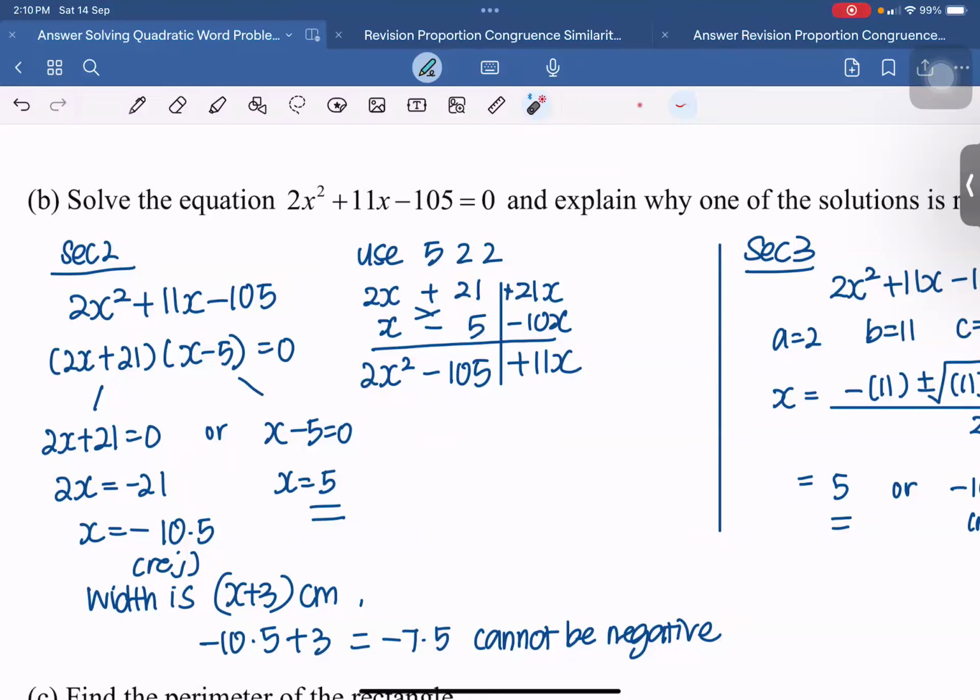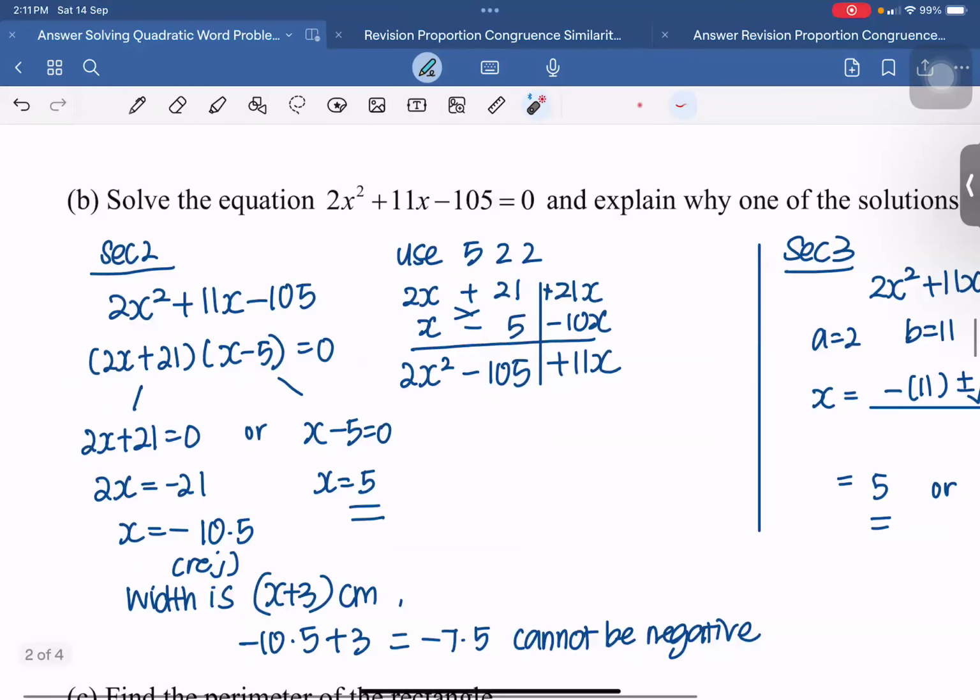Then the other answer, x equals to 5, so make sure you change the sign, x minus 5. Write down the working, because Sec 2 level only has this method, so you must show the working, right? Put brackets for your answer. So therefore, the first answer, x equals to 10.5, and the second answer, x equals to 5, right?